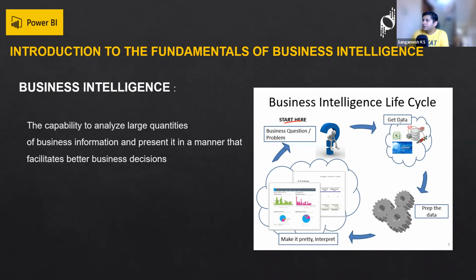From there you get the data. You clean or prepare the data. Then you create the dashboard or reports that are essential for the organization. Then you provide them to the managers, supervisors, or even a sales representative. It might be anyone. So this is the whole business intelligence life cycle.